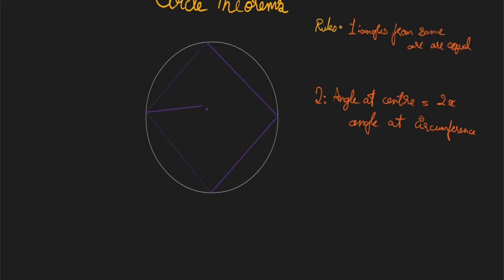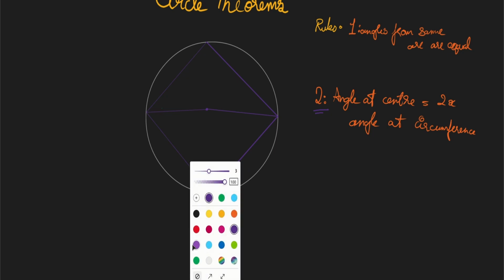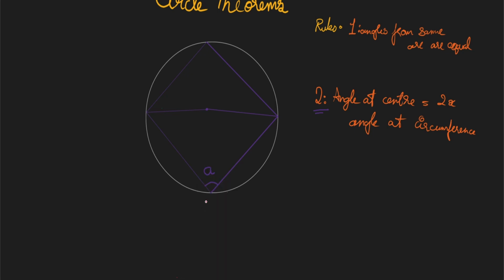Now that we've established what a cyclic quadrilateral is, we're going to draw a very simple proof. It relies on the second rule, which we've already proven. So let's call this angle A. If this is angle A, then the angle at the center is going to be twice the angle at the circumference.